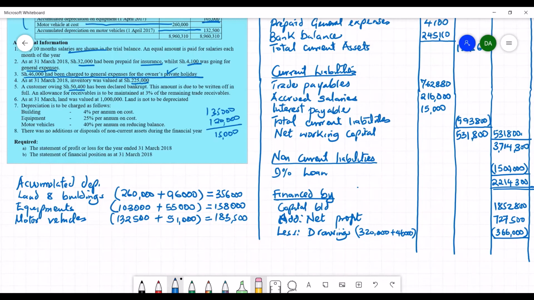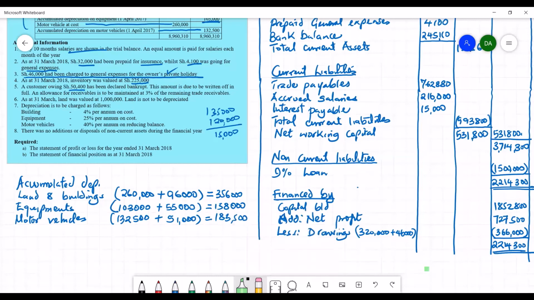So we have a total of 2,214,300. And that is the same as the amount we got up there for the net assets.